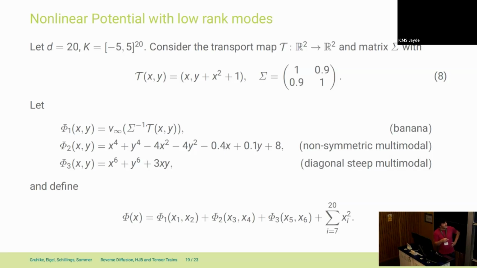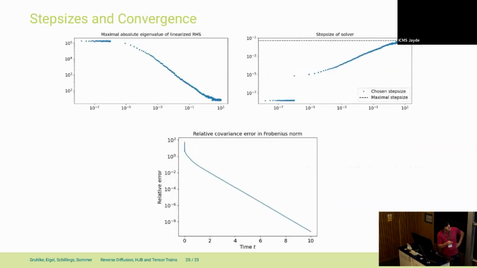So it's basically take a Gaussian and push it forward through some quadratic transport map. We can consider multimodal or higher order multimodal things with higher polynomial degree. And again, what we see here, in the color plot, is that we have control over covariance errors.